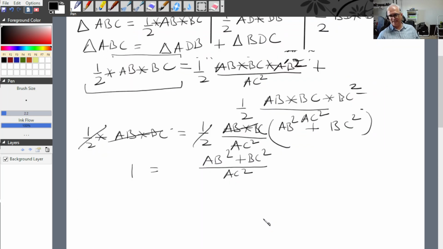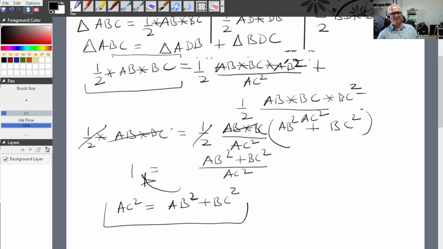So AC square is AB square plus BC square. So this is the Pythagorean theorem.